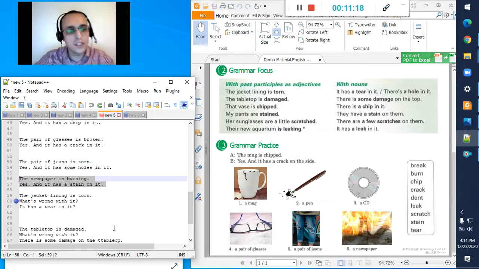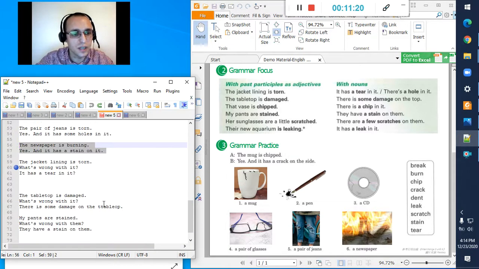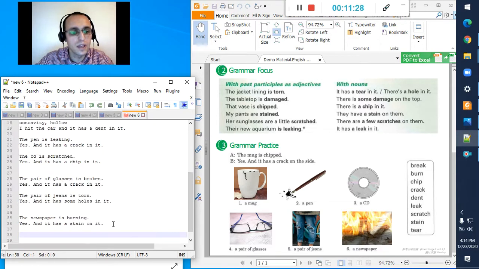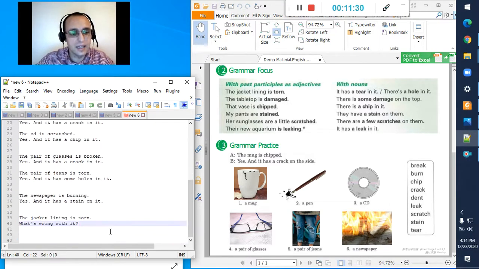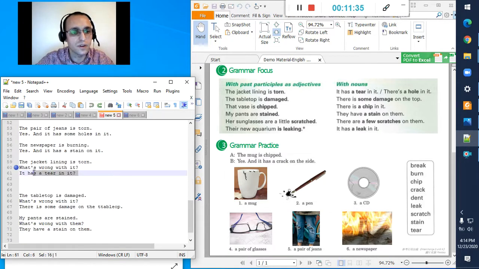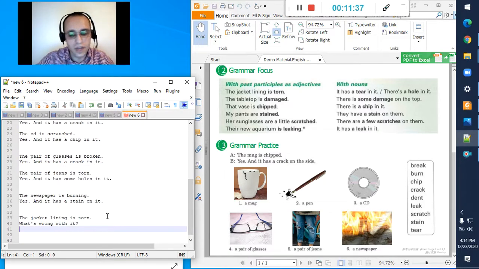The first one is, the jacket lining is torn. Okay, so what's wrong with it? Exactly. It has a tear in it. Yes, great, very well. Okay, let's read together one more time the sentence. The jacket lining is torn.